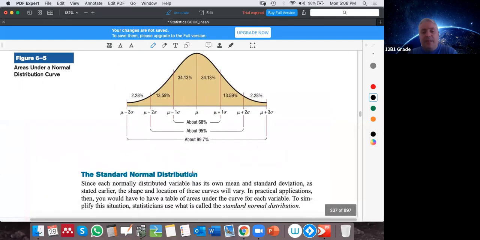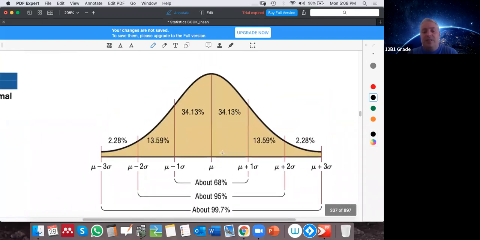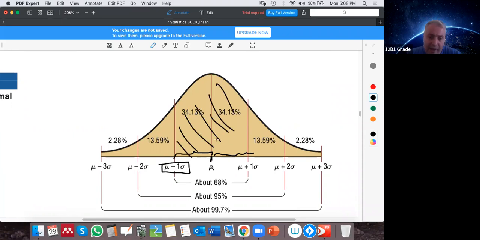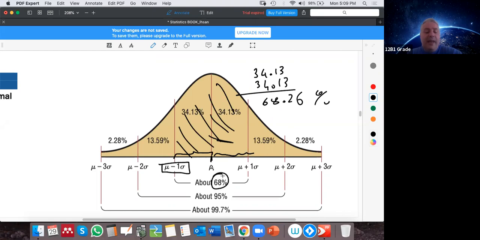Now, it's explained here in this figure. If this is our mean value, then this distance means mean minus 1 sigma and mean plus 1 sigma. When I think of it as an area, this area is 34.13 plus 34.13, which is 68.26. So approximately 68%.